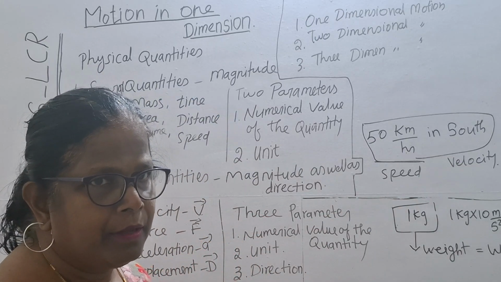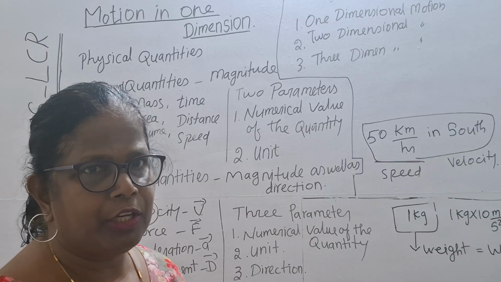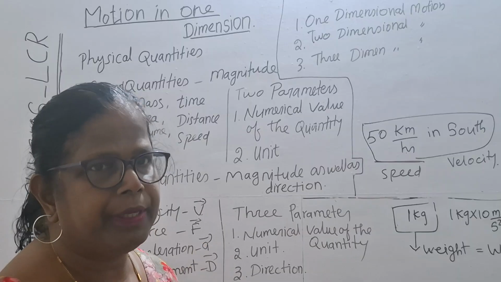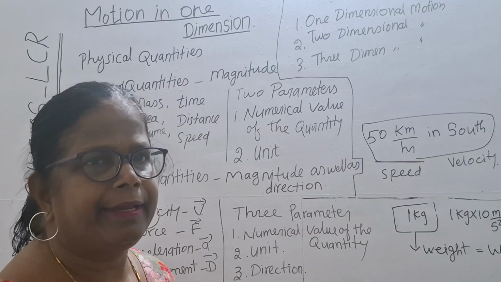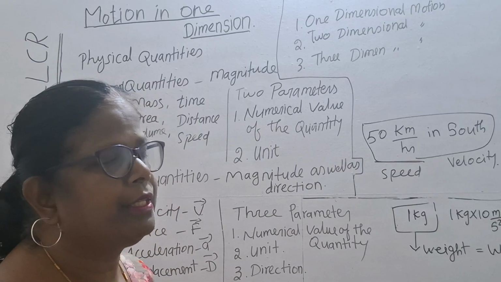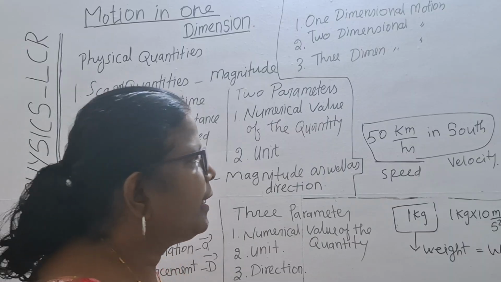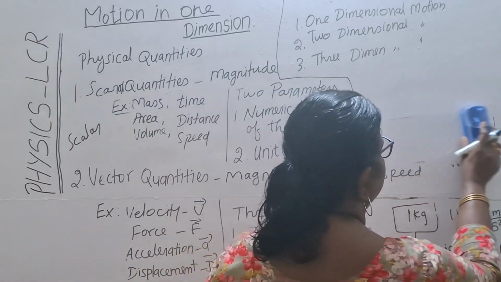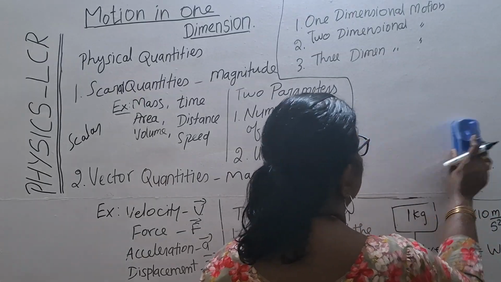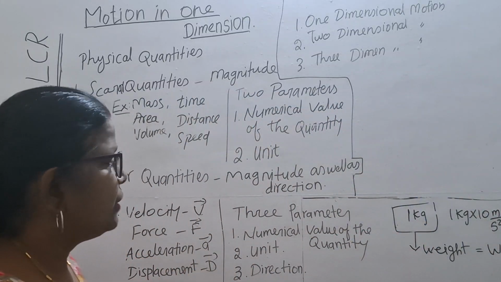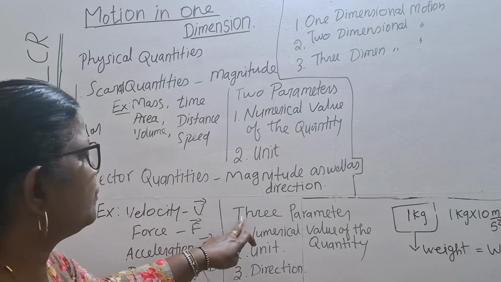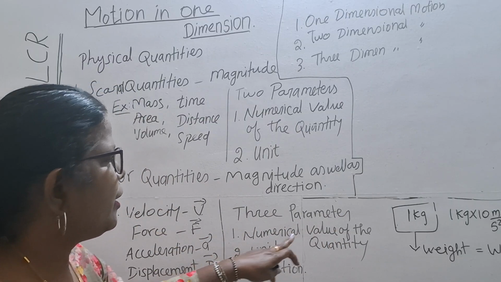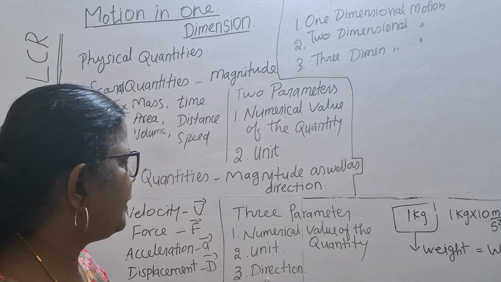Any problem? 25 kilometer per hour is a speed. With direction, in east, west, north, any direction, it becomes a velocity. Go through it properly and you can understand. A vector quantity has three parameters: numerical value, unit, direction.